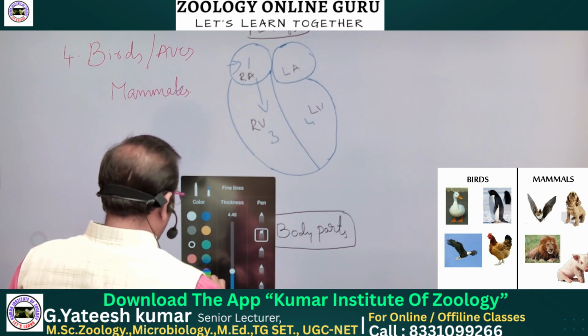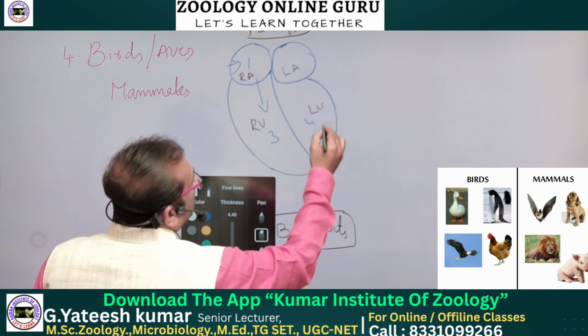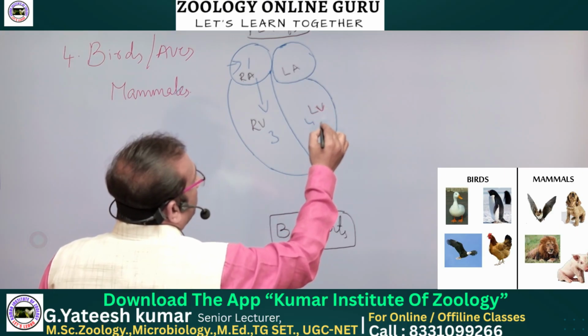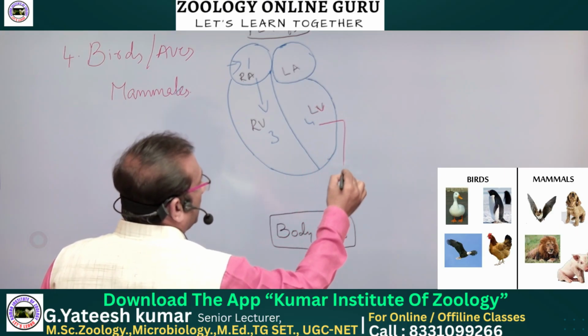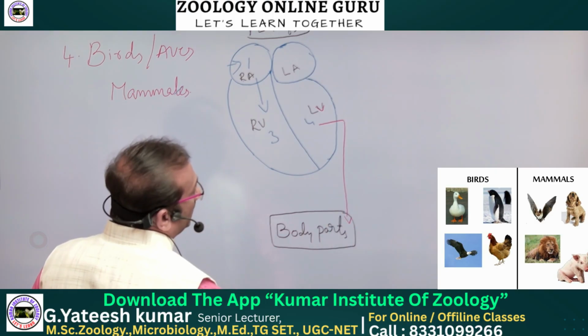The pure blood from the left ventricle enters to all body parts.